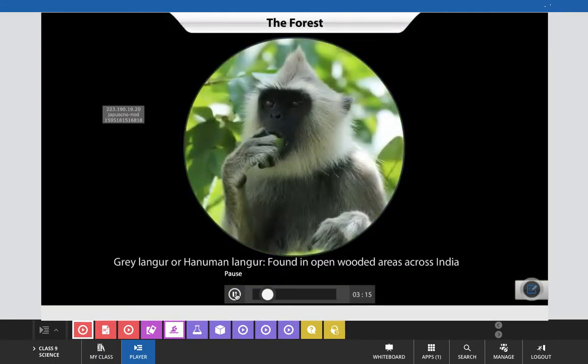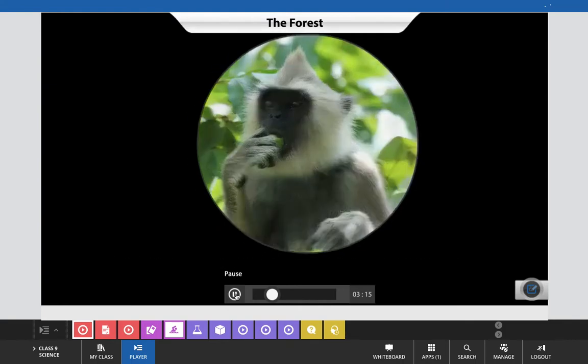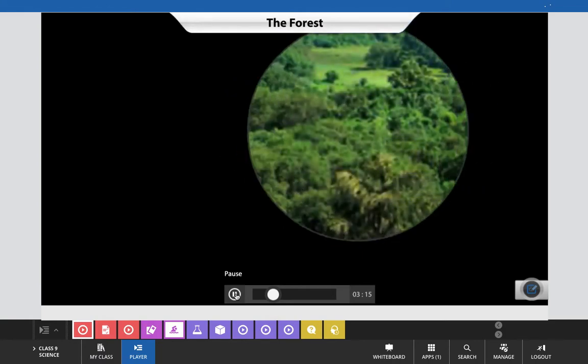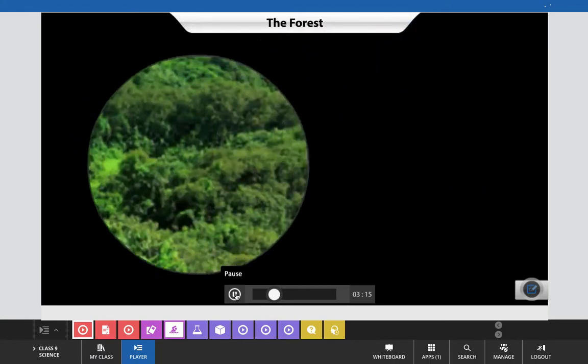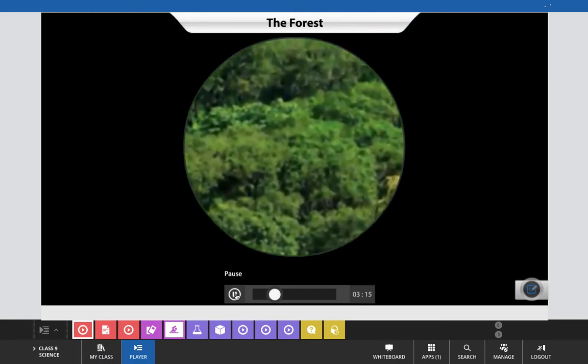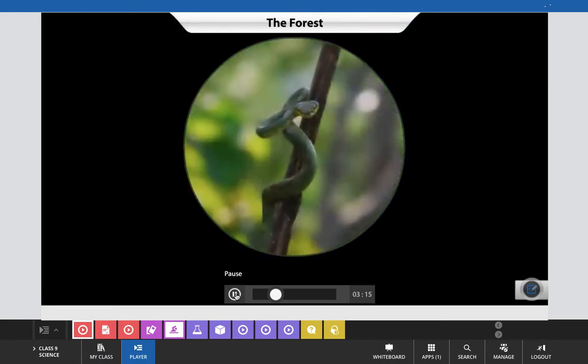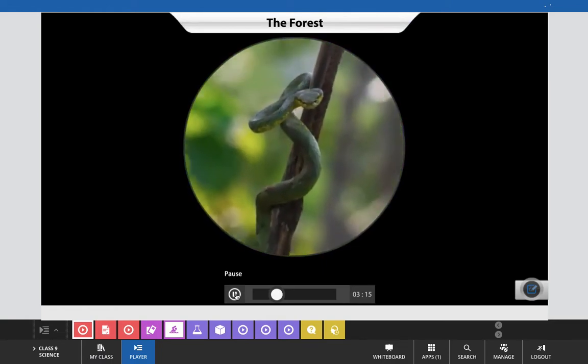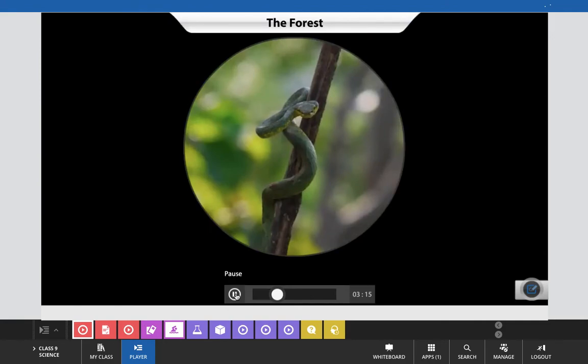Oh look, there's a langur. You'll find this species in forests across India and even near human habitations. Do you see that snake? Don't get too close. It's venomous.